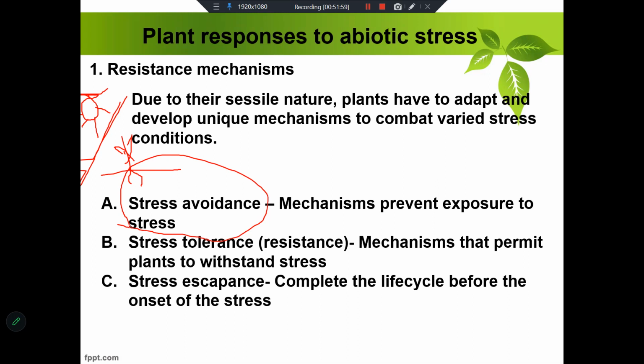Towards the end of the year, in a northern hemisphere country, there will be a winter season, and then towards May, June, there will be a summer season. So likewise, there will be some predictable changes in the environment.